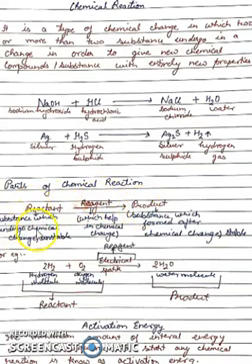The substance which undergoes a chemical change and is unstable in nature is known as a reactant, and the substance formed after the chemical change and stable in nature is known as a product. The substance which helps in the chemical process is known as a reagent. Just understand from here. Here hydrogen gas is written and oxygen gas is written.